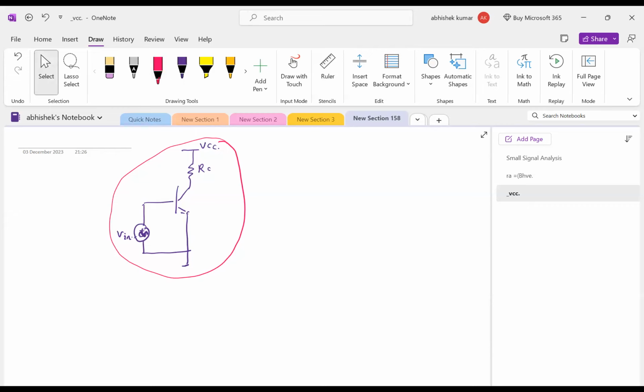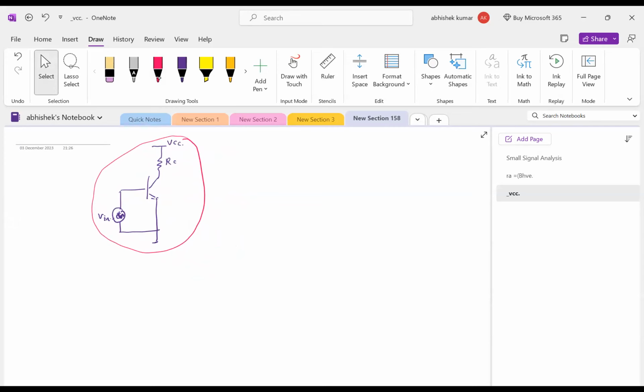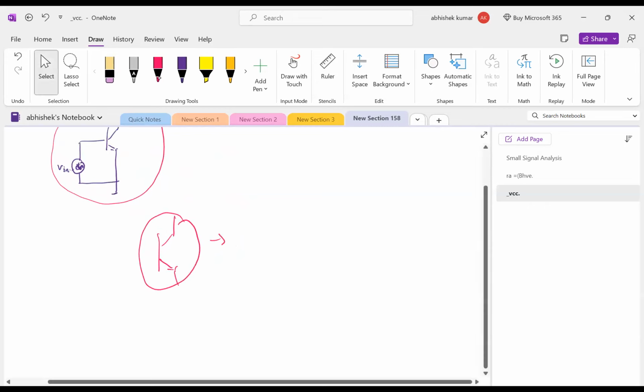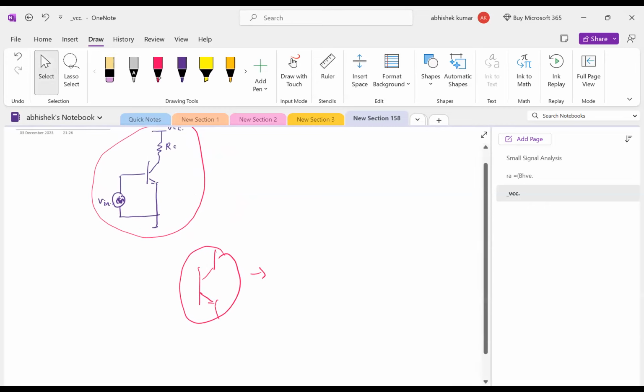We have one standard model of this BJT, and that model we use to calculate other parameters.